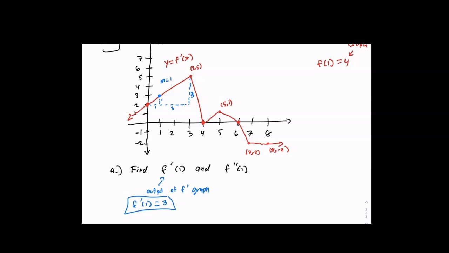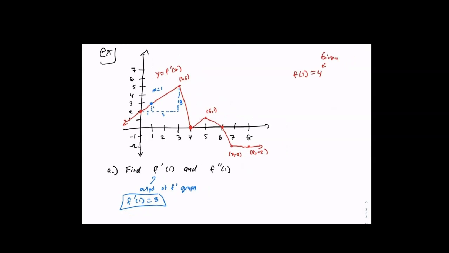You're reading a graph. It doesn't matter if I call the graph f or f prime or whatever. The values of the graph are the values of that function, and that function in this case is f prime. f double prime is simply the slope of the f prime graph.